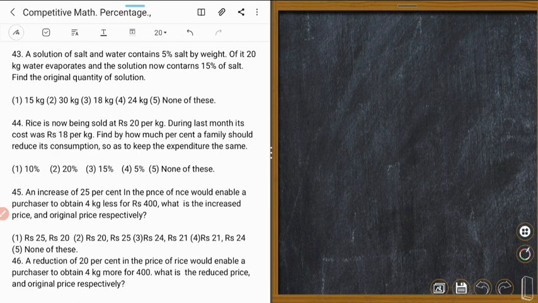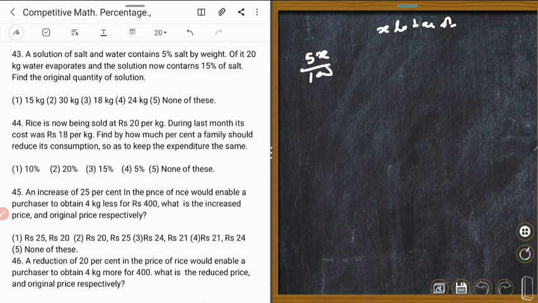For example, suppose there is x liters of mixture solution. Of which 5% is salt. So 5x upon 100 is salt.